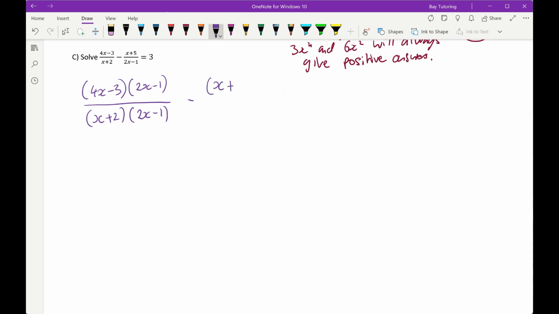Whatever you multiply the bottom by, you've got to multiply the top by the same thing. So for the second fraction, I have multiplied 2x minus 1 times by the other denominator, x plus 2. So that's why I'm timesing the top by x plus 2 as well. This keeps the size of the fraction the same. Again, just doing one thing at a time, so I've just written those in factorized form.